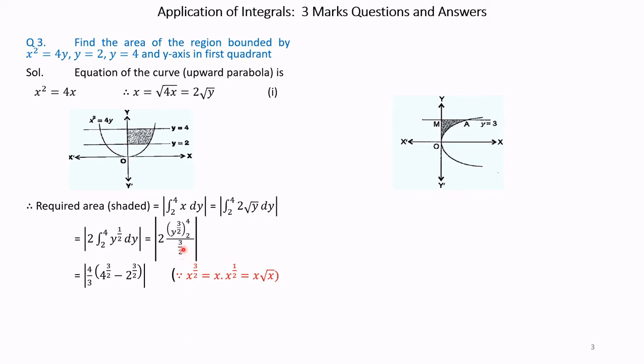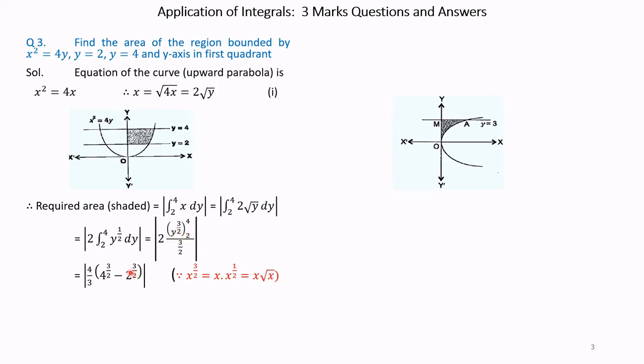Therefore, if we simplify this, it becomes 4 by 3. 2 into 2 is 4 divided by 3 into, if we substitute the value of y, 4 root 4 for the upper limit, and minus the lower limit.